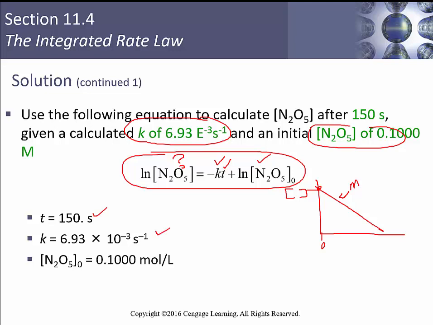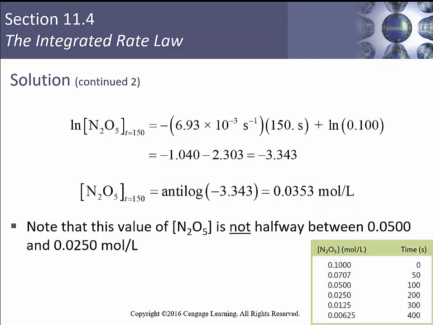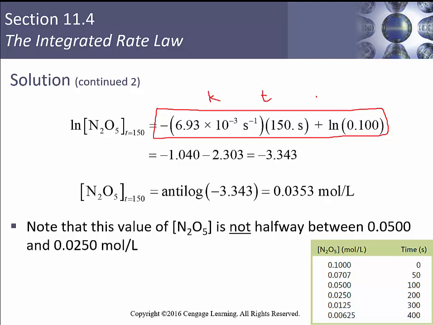So time is 150 seconds. Our k value is 6.93 times 10 to the minus 3 per second, and our initial concentration is 0.1. So we're just going to replace those values in. On the right-hand side we've got our k, t, and b.